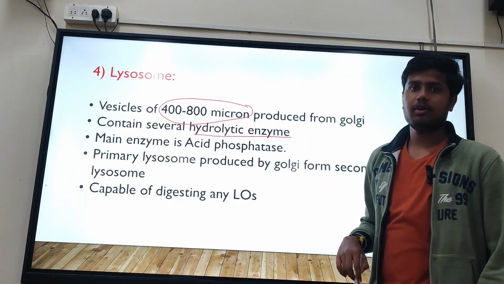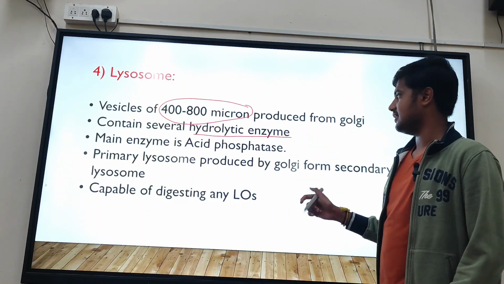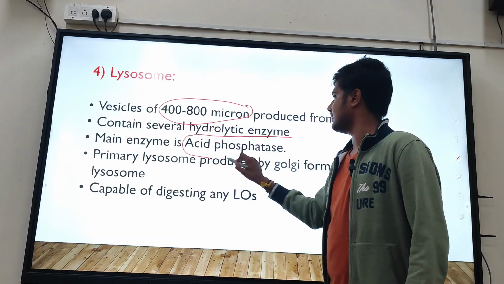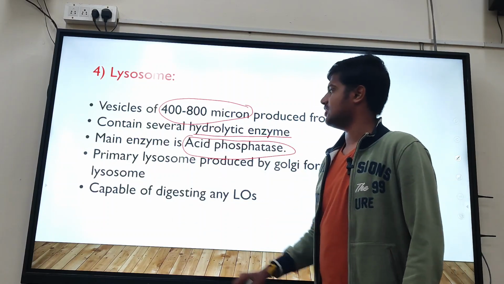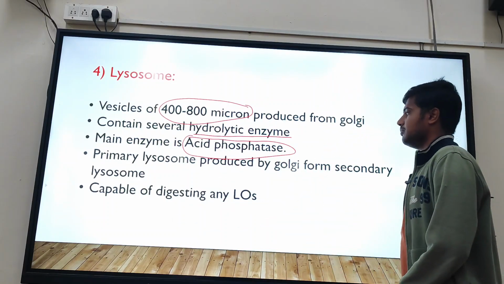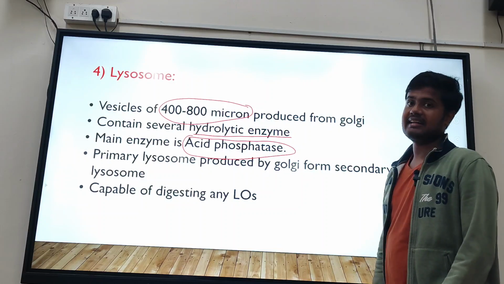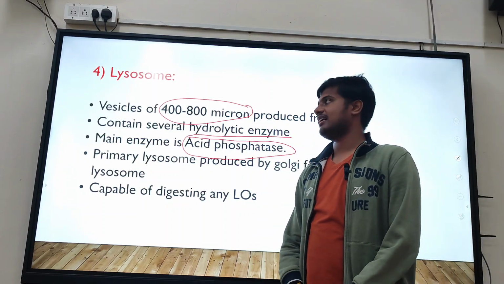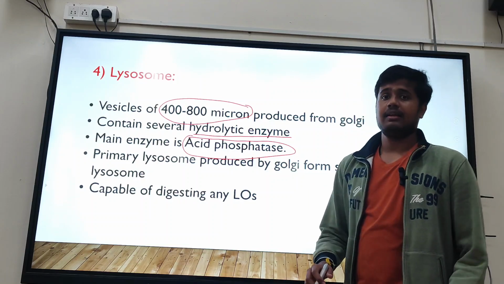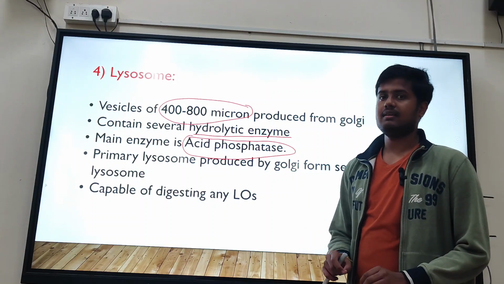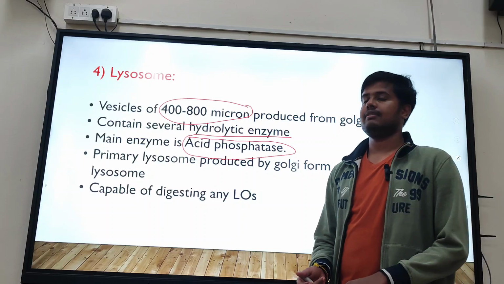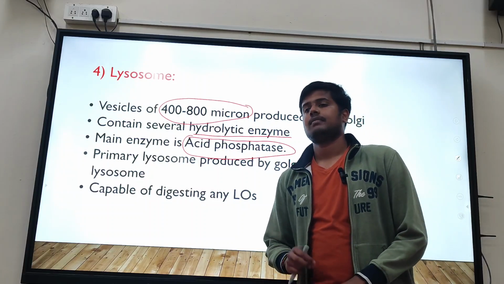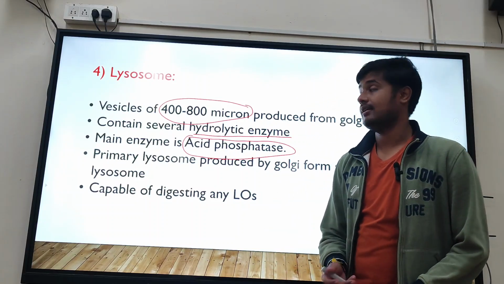The main enzyme of lysosome is acid phosphatase. The primary lysosome produced by Golgi forms secondary lysosome, and it is capable of digesting living organisms. If there is any puncture in the cell organelles, it destroys itself. That's why it is called the suicidal bag of the cell.